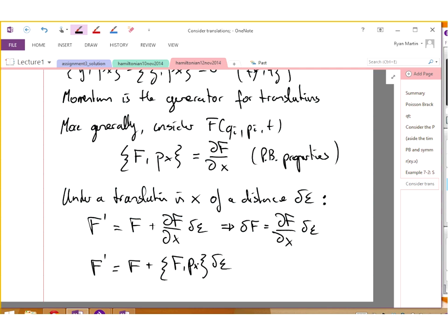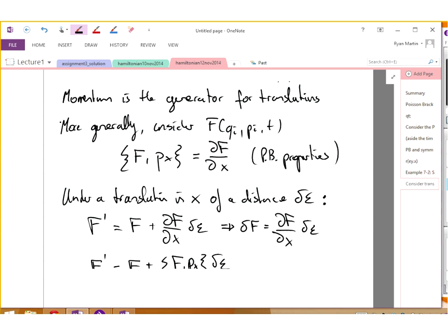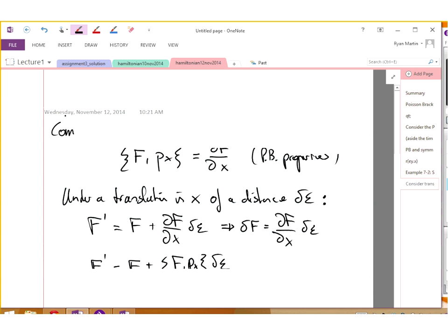So px tells us not only how the coordinates transform, but also how any general function transforms under the transformation that preserves px, or that results in px being conserved. Okay?